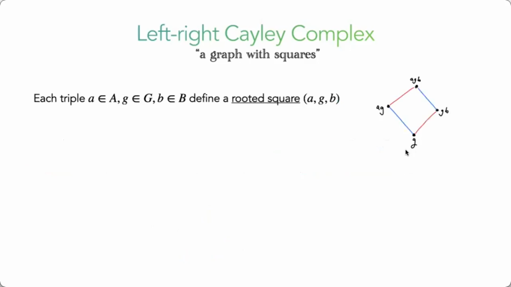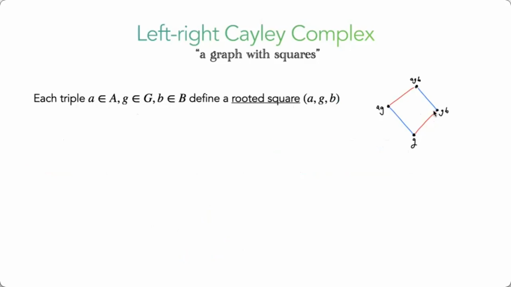Fix some group element G and two generators, one in A and one in B. For the triple A, G, B, I'm going to define a rooted square. What is this? It's this cycle. The root is G. You go from G to A times G or to G times B.